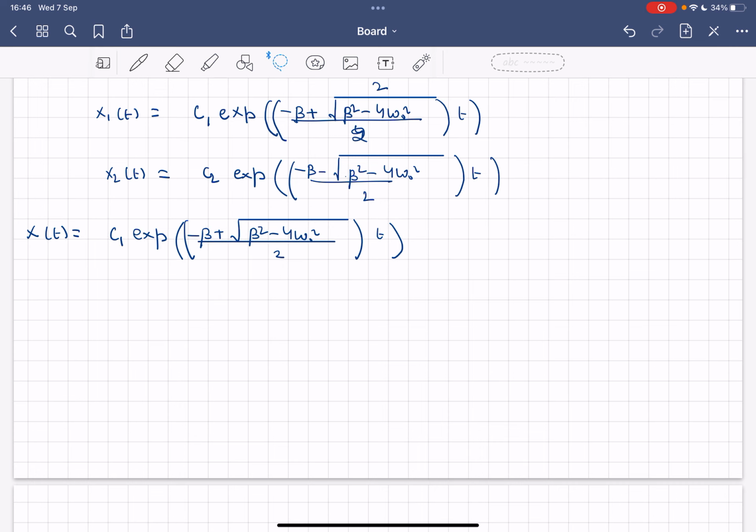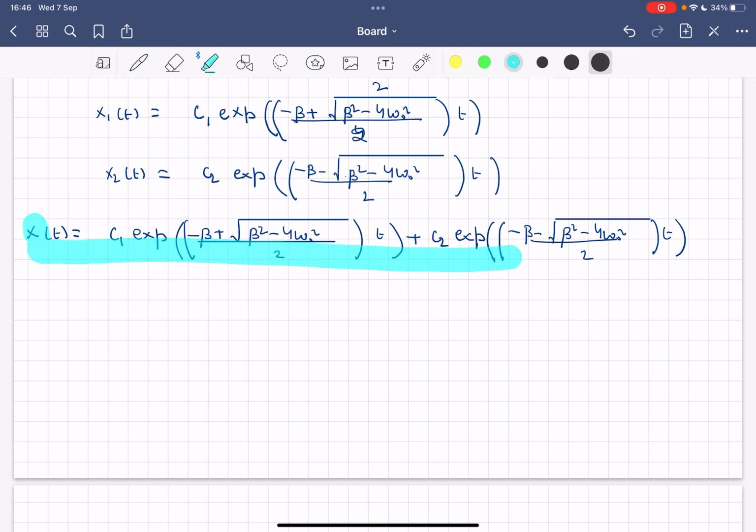I need some space. And plus c2 times the exponential of minus beta minus the square root of beta squared minus 4 omega naught squared, divided by 2, times t. So here we go. This is my solution to the problem.